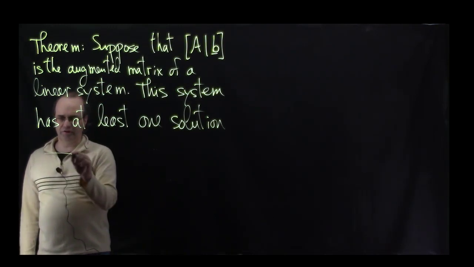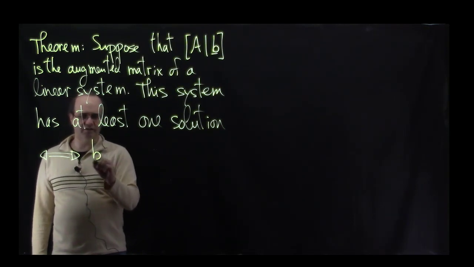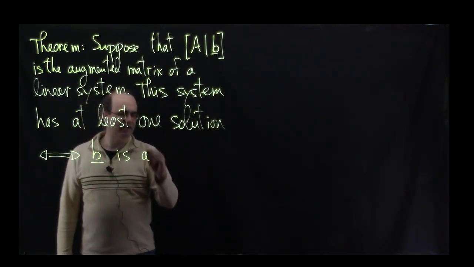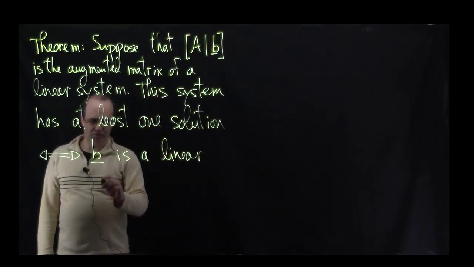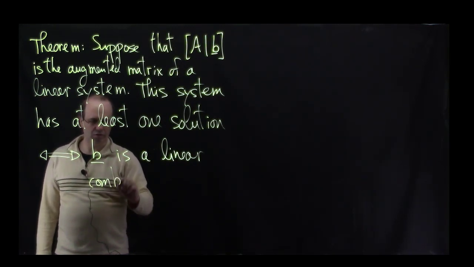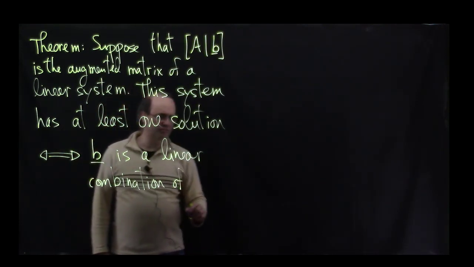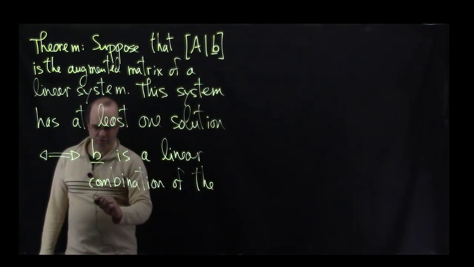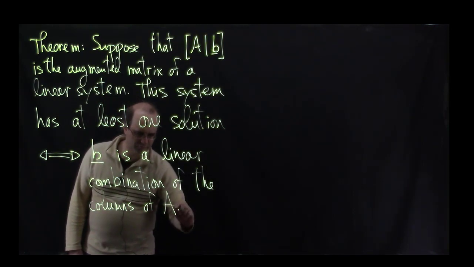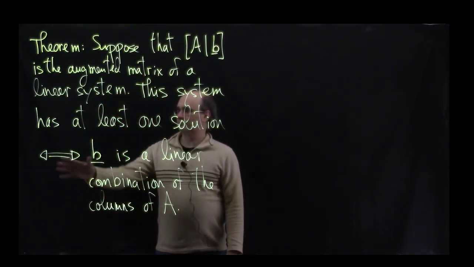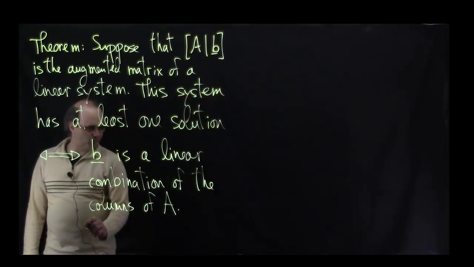Right, so as a solution, if and only if B, this vector B, is a linear combination of the columns of A. Or in other words, if and only if B is in the span of the columns of A. So maybe I can even rewrite this here.